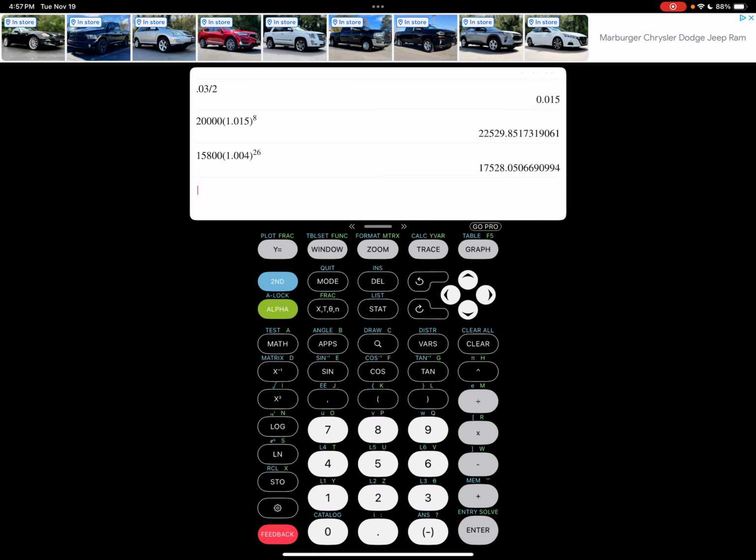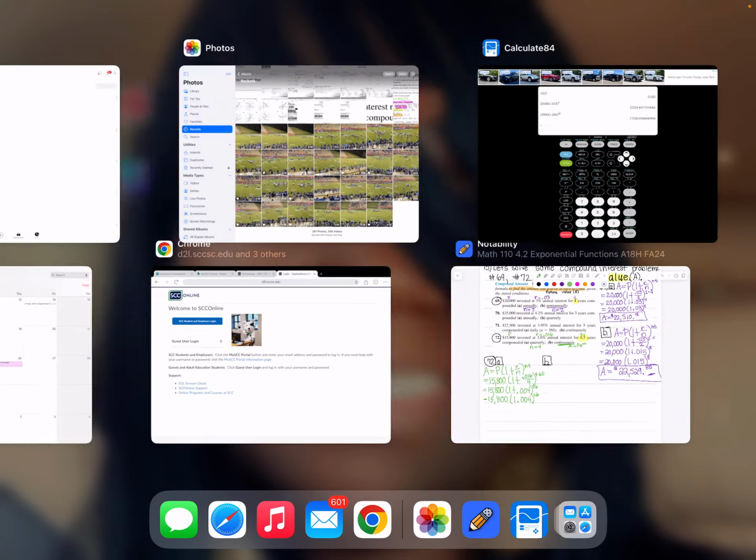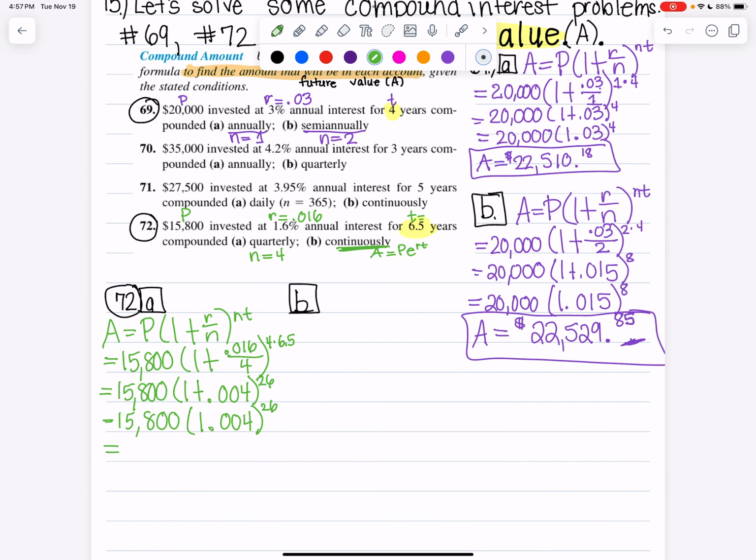Let's hit enter. Do y'all see what we get? We get 17,528 and then 5 cents, because this 0 makes 5 stay the same. $17,528.05. Okay, that's what we get.